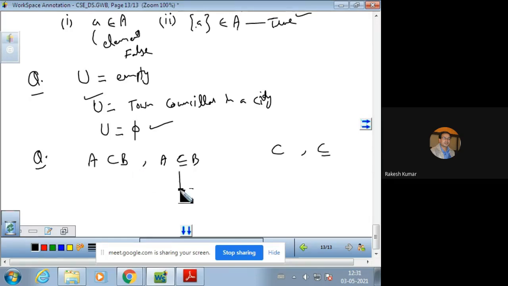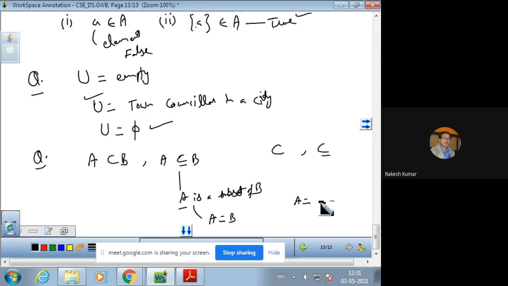This statement means A is a subset of B. It means that every element of A also belongs to B, and this also includes A equal to B, meaning this situation is also possible.